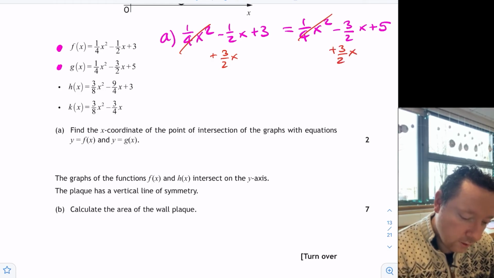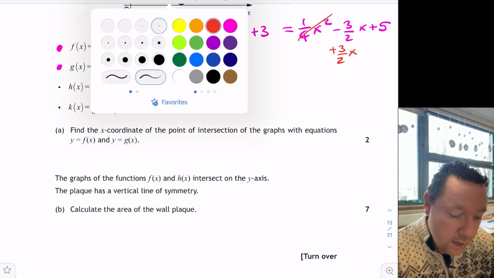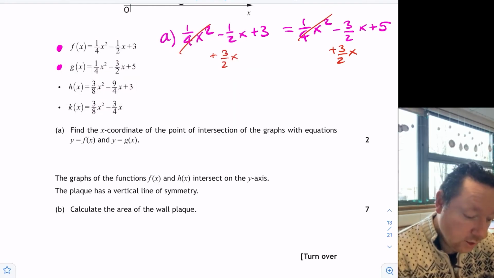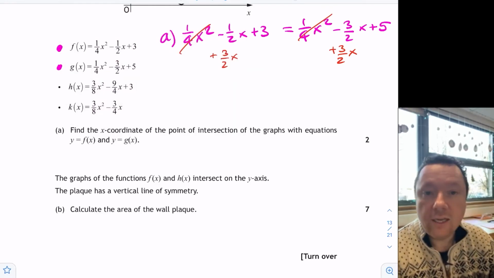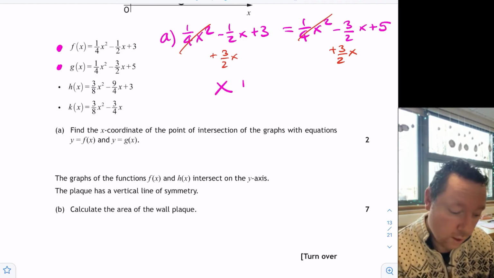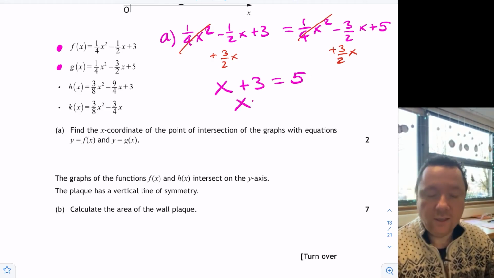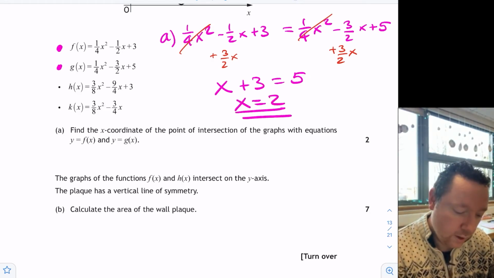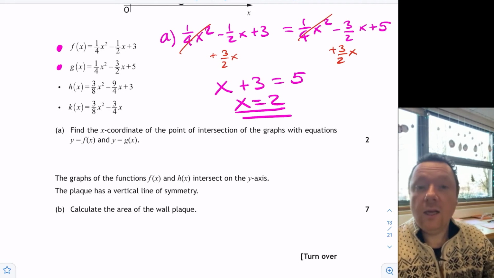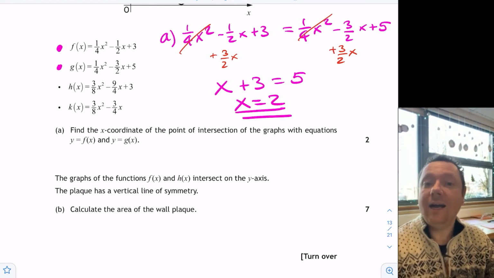And that will get rid of it on this side. 3 halves take away 1 half is 2 halves, which is 1. So that just gives us x left on this side plus 3 equals 5. Take away 3, so x equals 2. As unlikely as it seems, that's our answer.